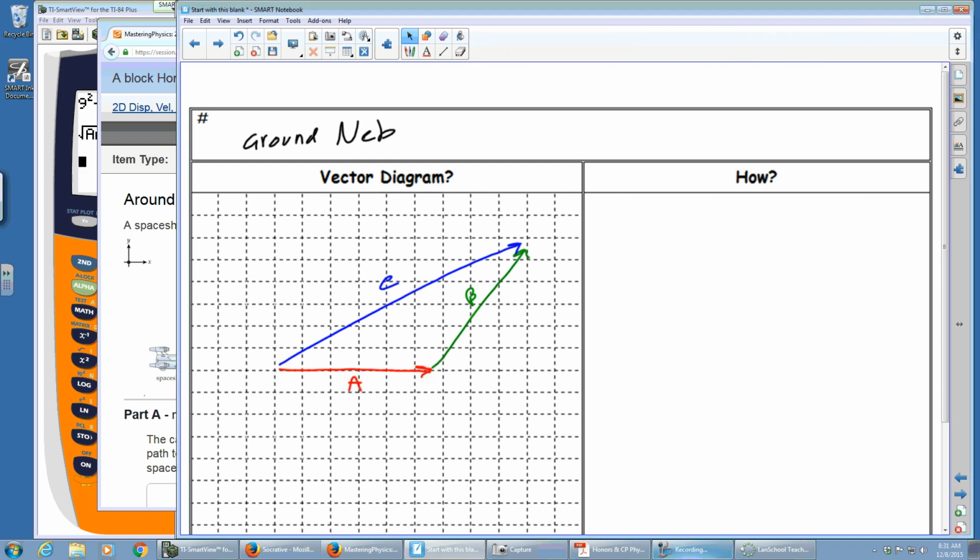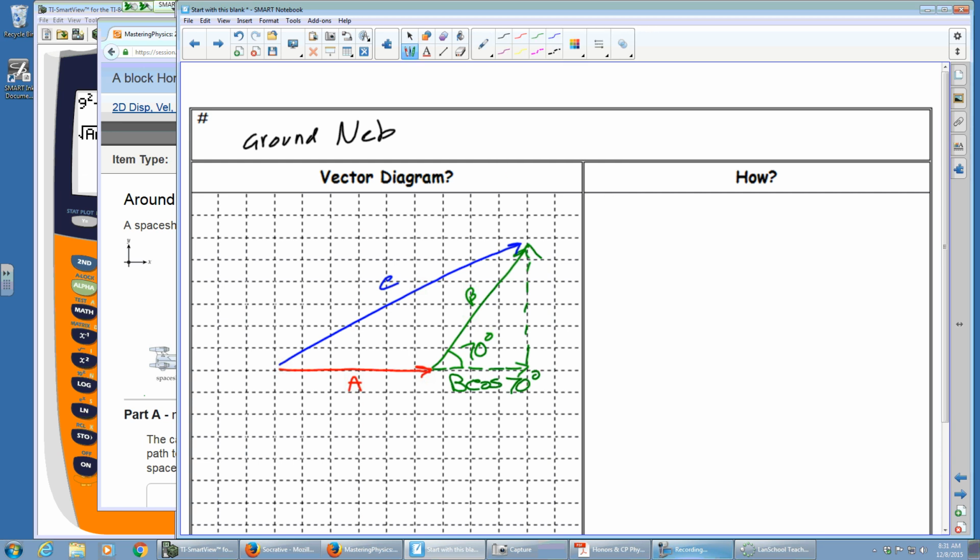Well, if I do the components of B here, I can make it into a big right triangle. And I know that this angle in here is 70 degrees. So that means the adjacent component is B cosine 70 degrees.